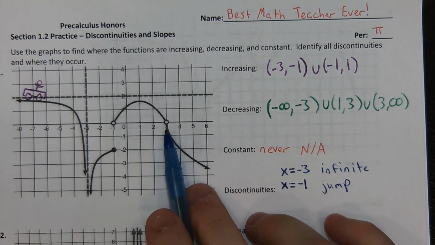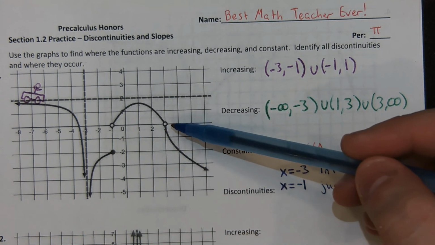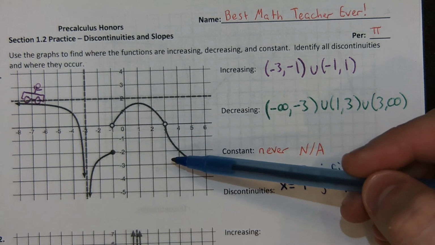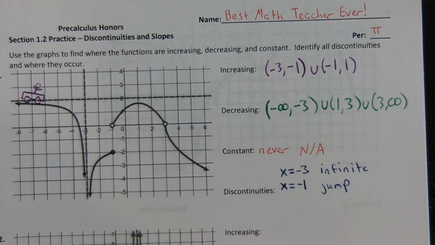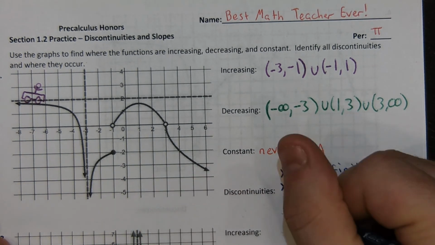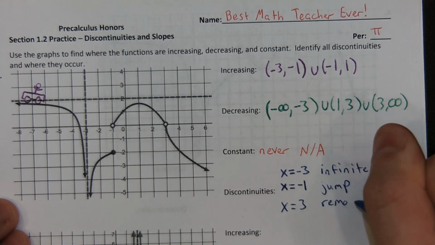But then this one here is not a jump discontinuity because the graph didn't literally pick up and go somewhere else. This is as if the point has just been removed from the graph. And that is why at x equals positive 3, we would say there is a removable discontinuity.